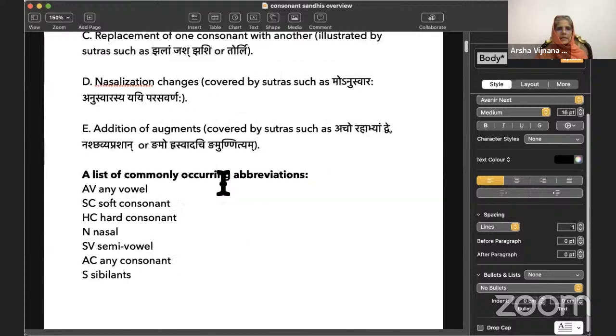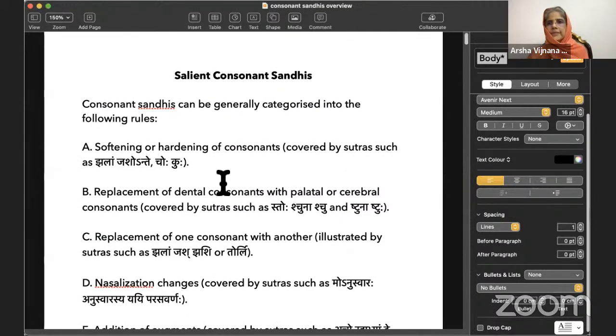Let me share this again. One more thing we'll share. Some of the sandhis we'll be studying, consonant sandhis, are generally categorized according to the following rules. Many of the rules cover softening or hardening of the consonants.